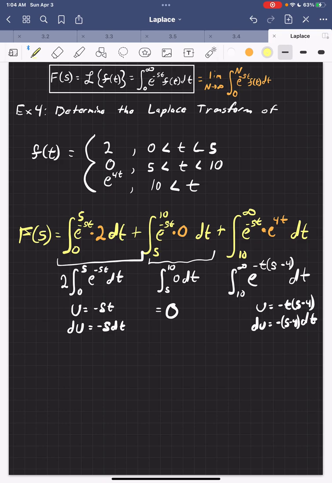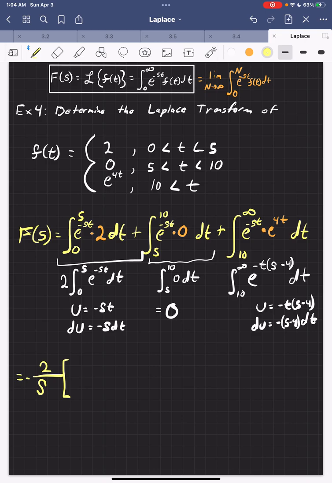So let's go ahead and get there. We remember we brought the 2 out front, and we have to multiply and divide by negative s. So let's do negative s, and let's go ahead and e to the u.